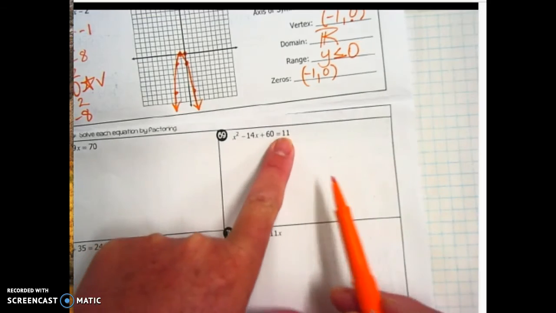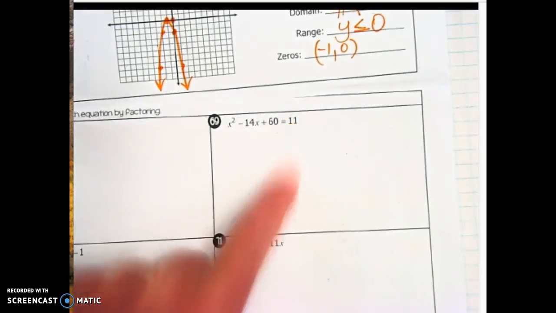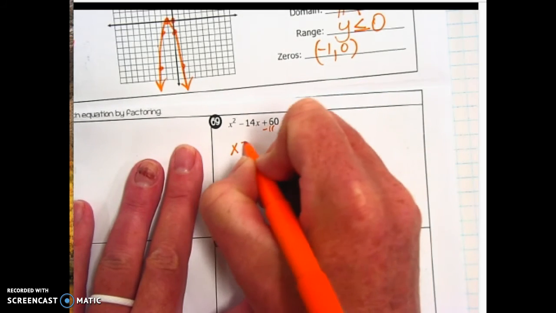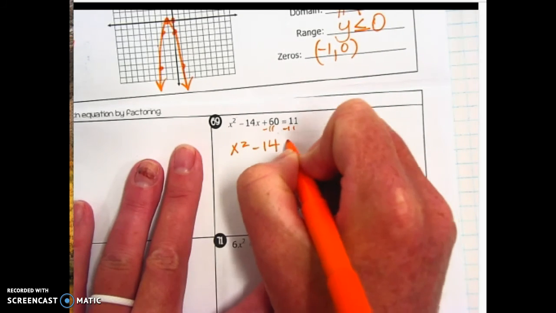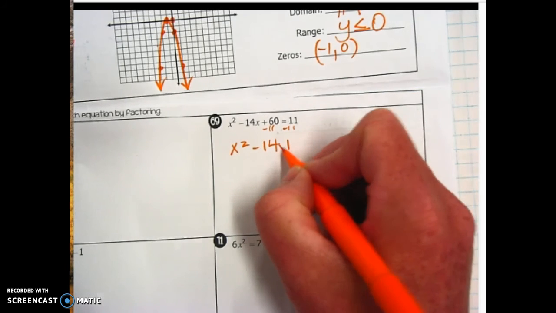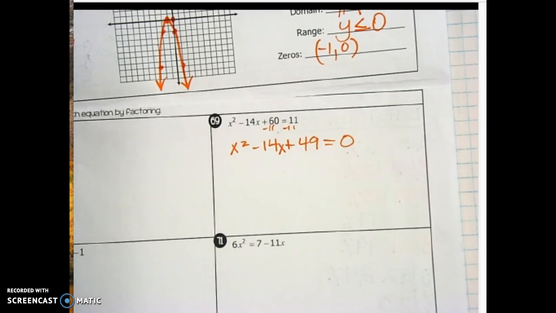Okay? So the first thing you're going to notice in box 69 is that right now it's set equal to 11. So you have to subtract that 11 first, and then you get x squared minus 14x plus 49 equals 0.